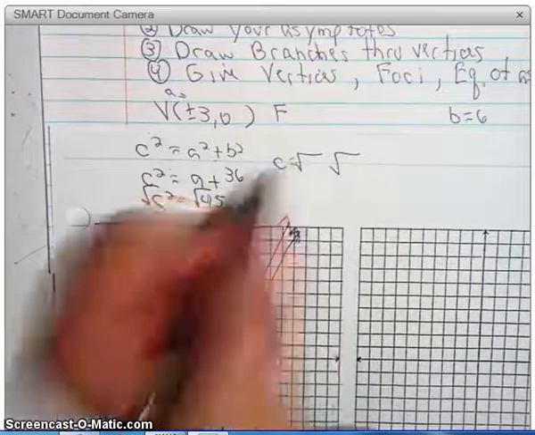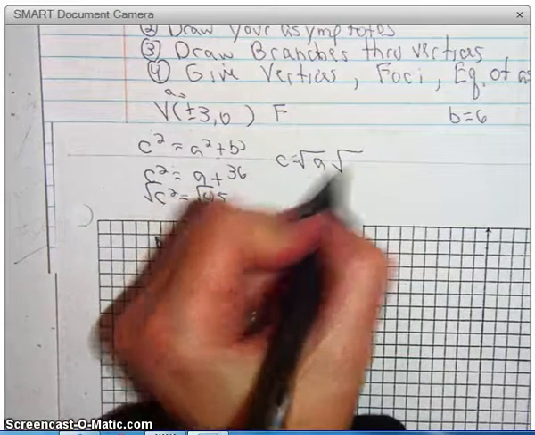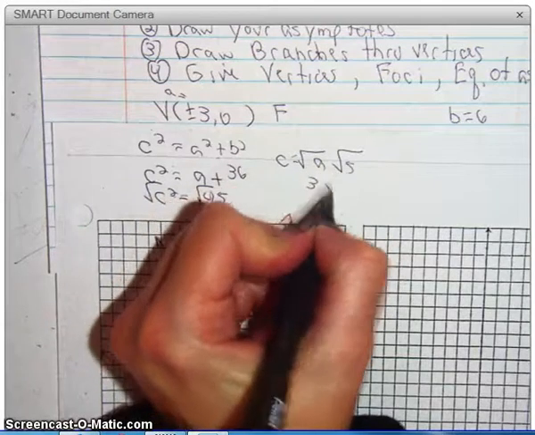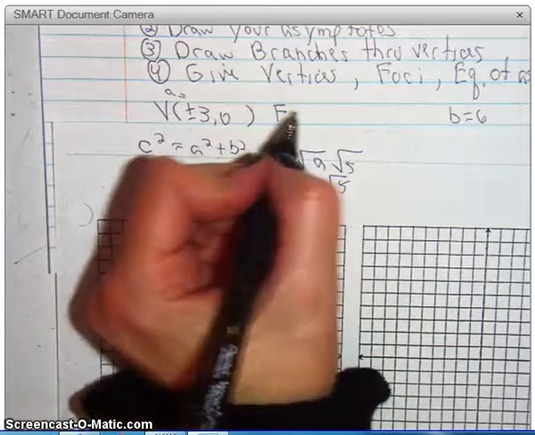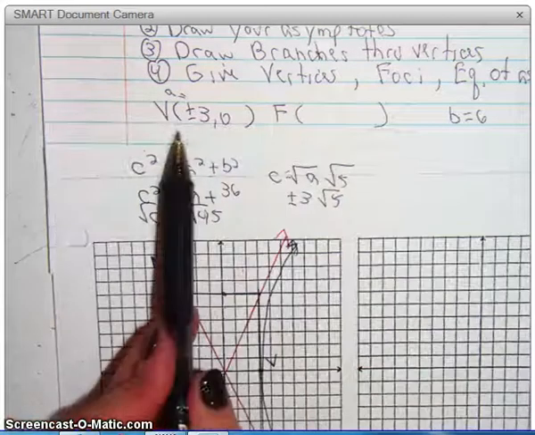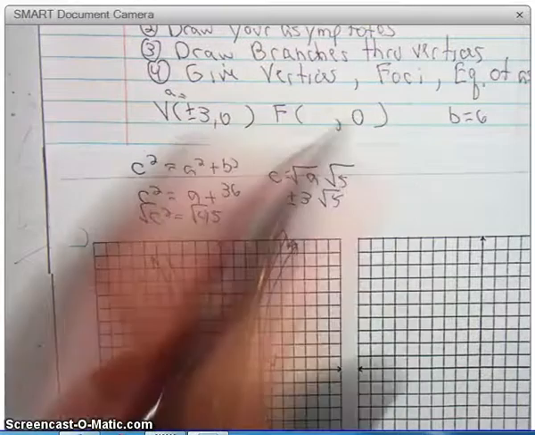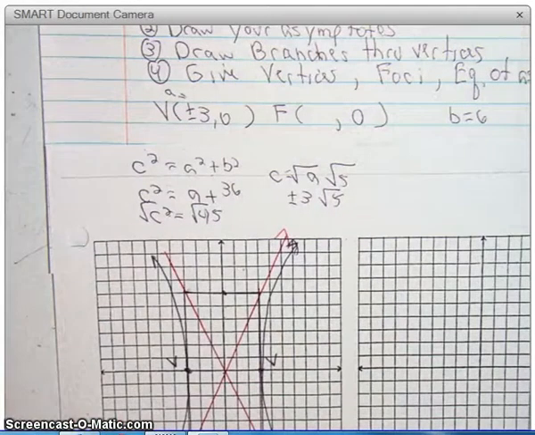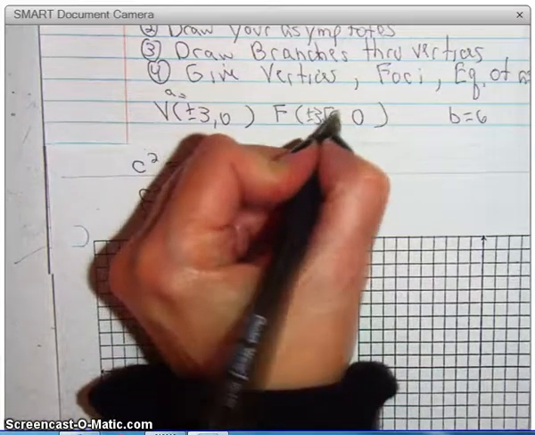What do you want to break it down into? 9 and 5. So 3 root 5. Plus or minus. And remember, your foci order pairs are the same as your vertice order pairs. So if it's something 0, the foci are plus or minus 3 root 5 and 0.